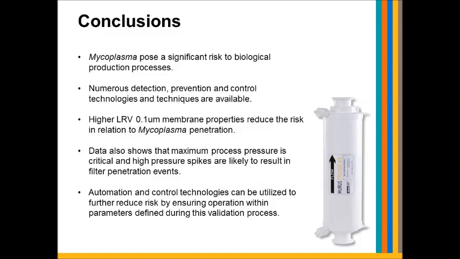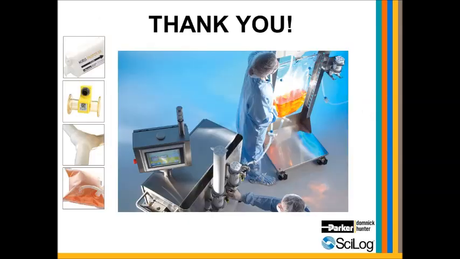And data, we believe, show that maximum process pressure is critical and high pressure spikes are likely to result in filter penetration events. And automation and control technologies can be utilized to further reduce risk in a process. So with that, I'll entertain any questions if anyone has any.